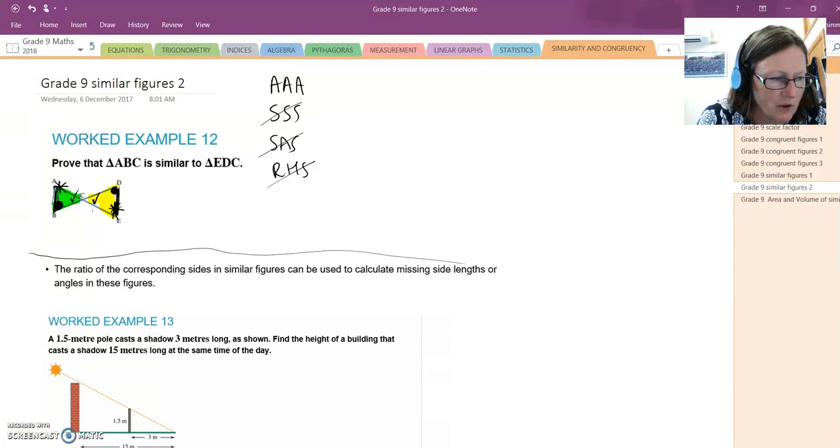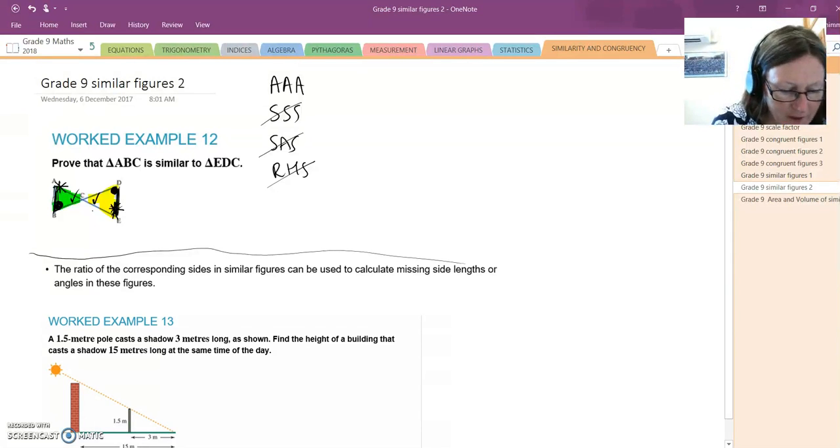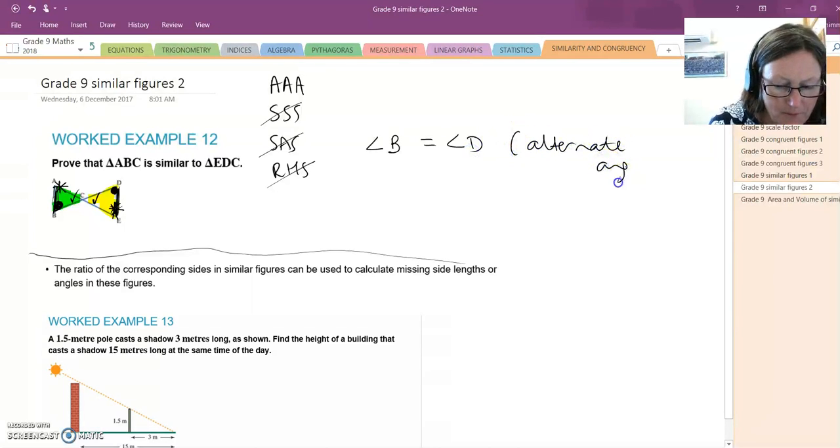So we've just shown that angle B is equal to angle D, alternate angles. We've said that angle A is equal to angle E, also alternate angles.